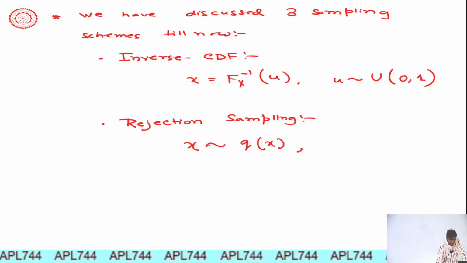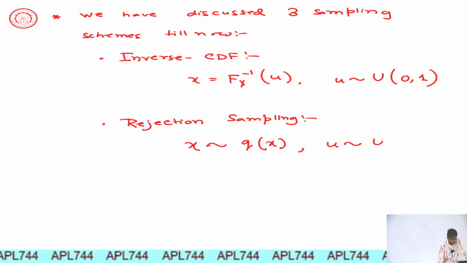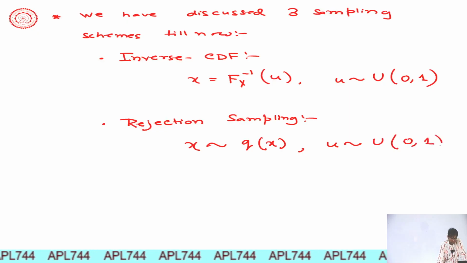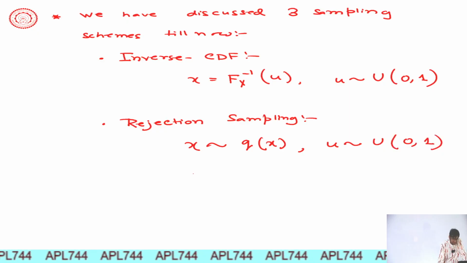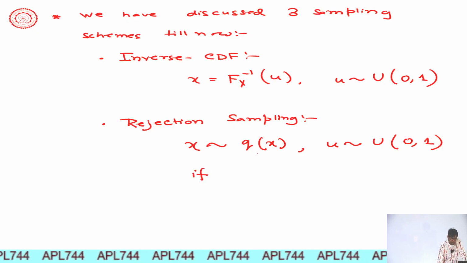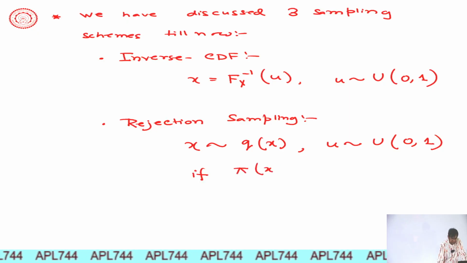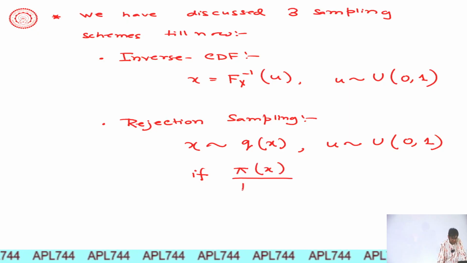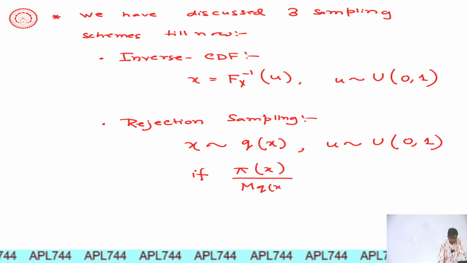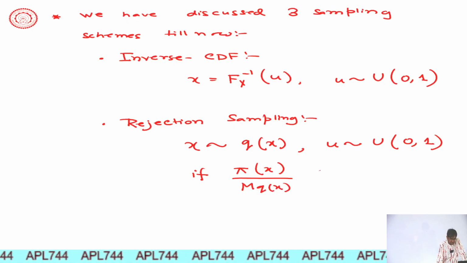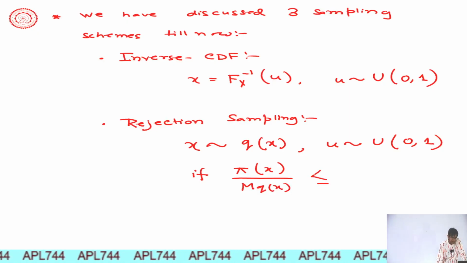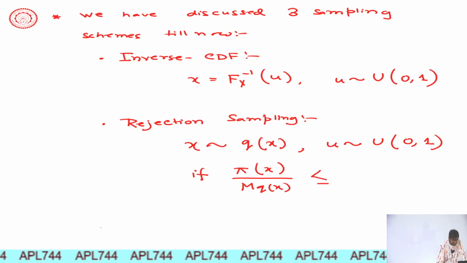You also sample u from uniform 0 and 1, and then if pi of x divided by M q of x is, if u less than equal to, actually sorry, let me write it down.